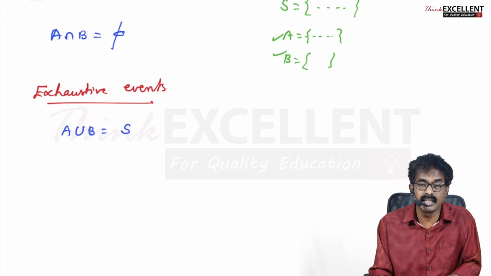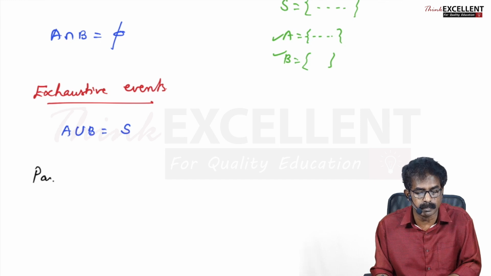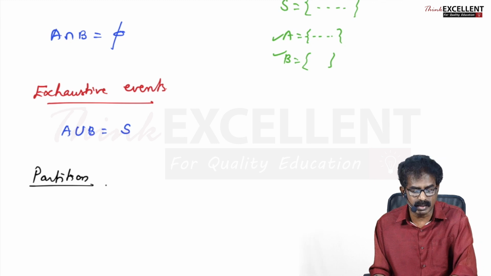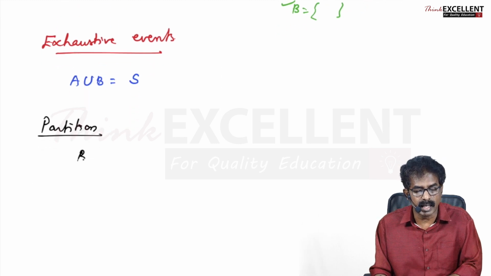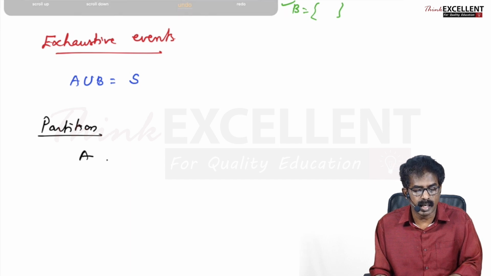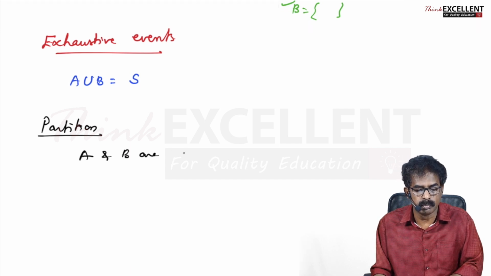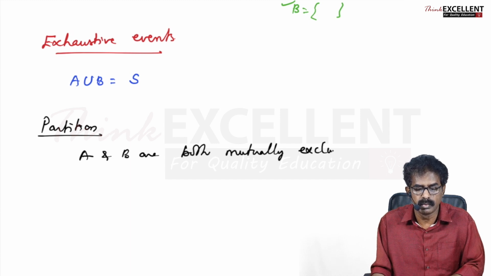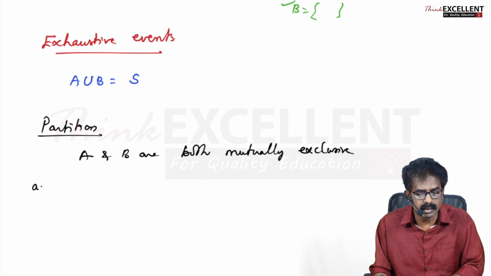Then if both conditions are satisfied, we say they form a partition. A and B form a partition means both A and B are mutually exclusive and exhaustive.